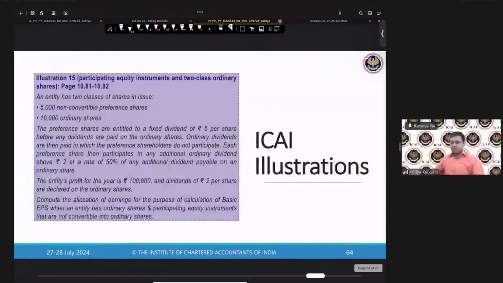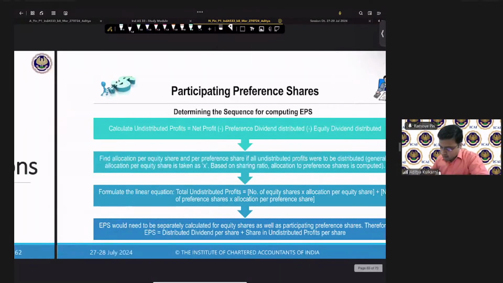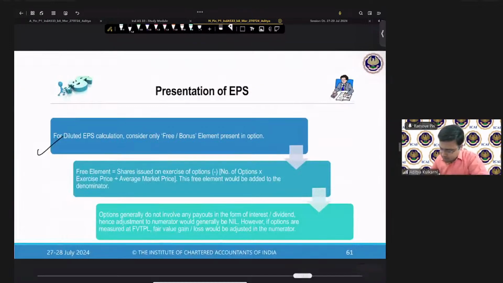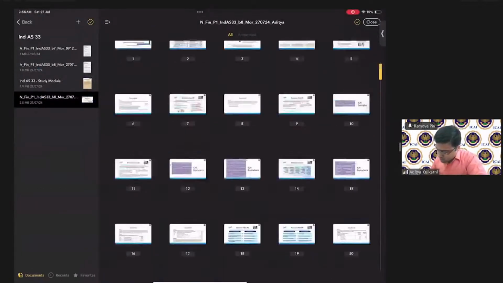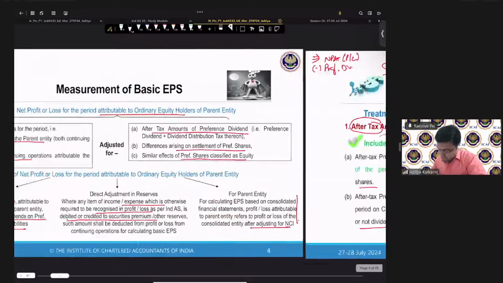That's it. So for today, any doubts? Anybody would like to say anything? Abrakesh? Yes, sir. Tell me. Sir, my question is regarding the very initial slide where you mentioned that there should be two classifications: one, equity share as a liability, and another, equity. The very starting slide, where you have shown a graph.